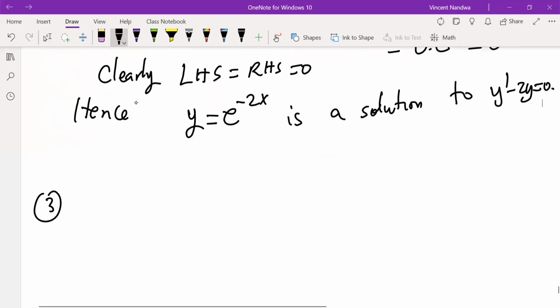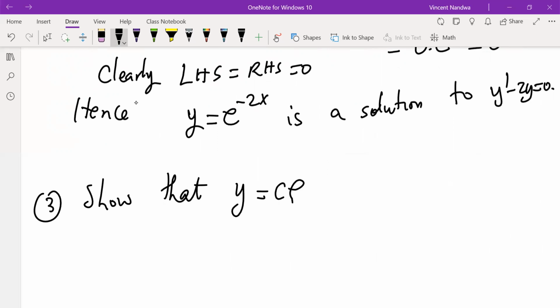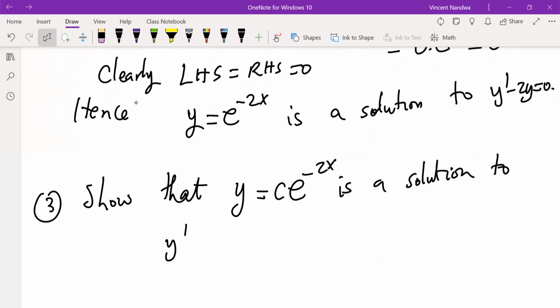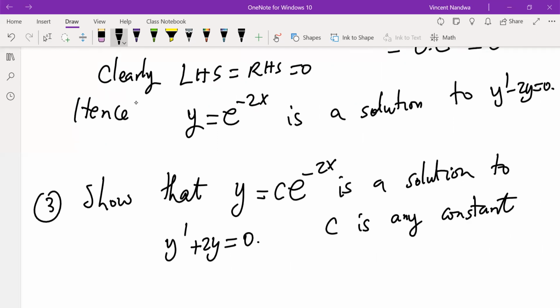Number 3, show that y equals c e raised to the power minus 2x is a solution to the differential equation y prime plus 2y equals 0, where c is any constant.